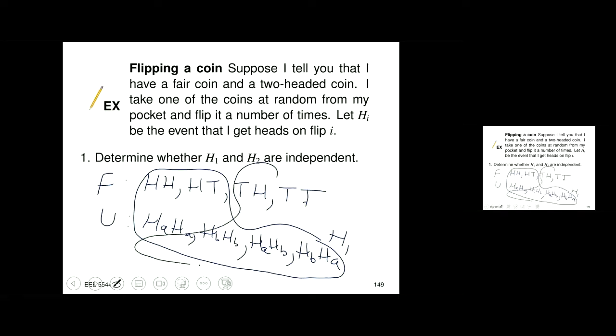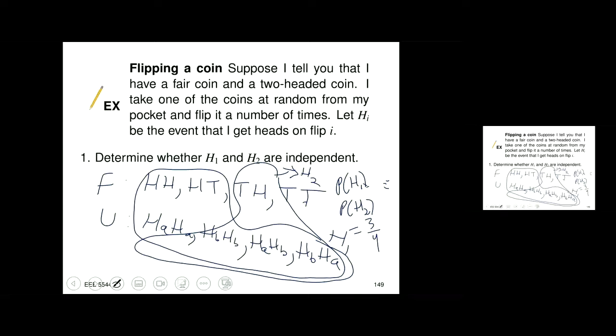So this is H2. They both have probability 3/4. So the probability of H1 equals the probability of H2 equals 3/4.